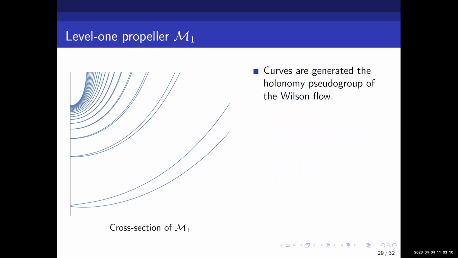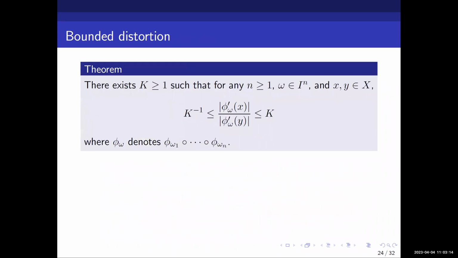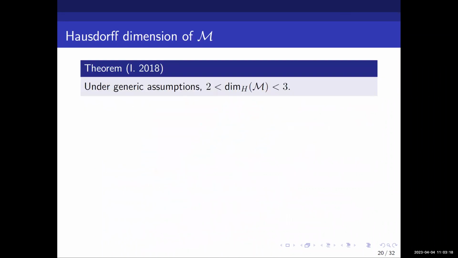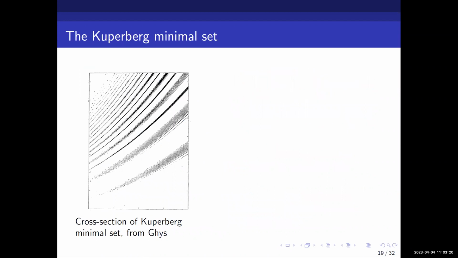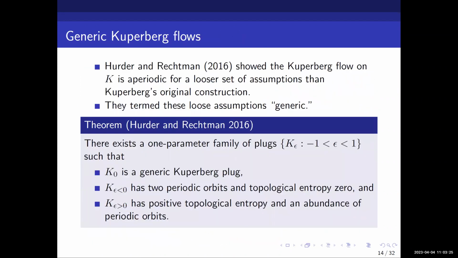I don't know. So let me go back to this slide. I don't actually know this construction too well. I worked mostly on the generic Kuperberg stuff. If you bump it, yeah, here it is. If you bump it, then you get horseshoes and hyperbolic sets.